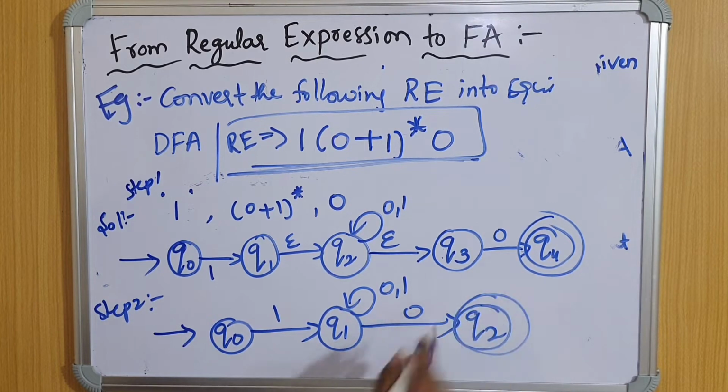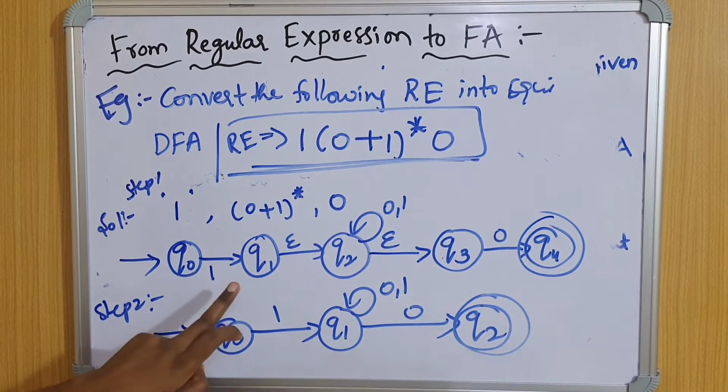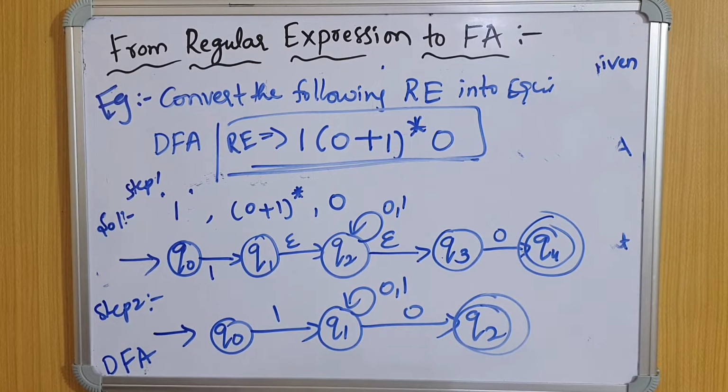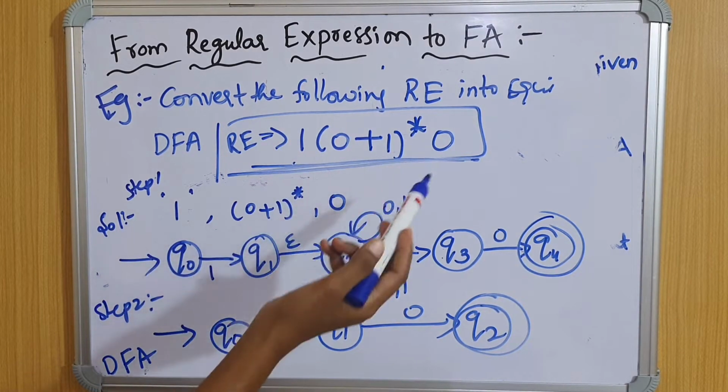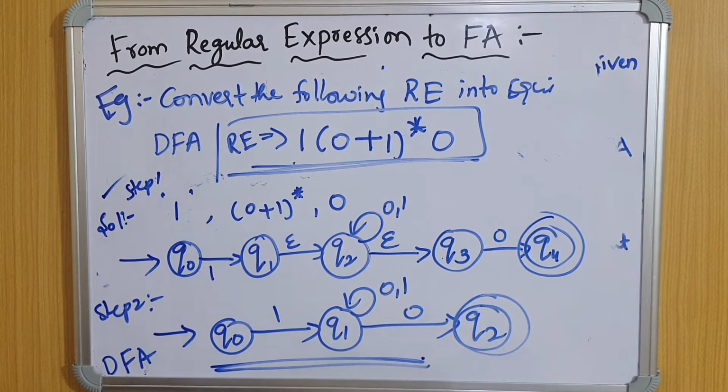This is by eliminating the epsilon moves, so we get the NFA without epsilon moves. This is our needed DFA, without null transitions, for the regular expression 0(0+1)*0. This is our final solution.